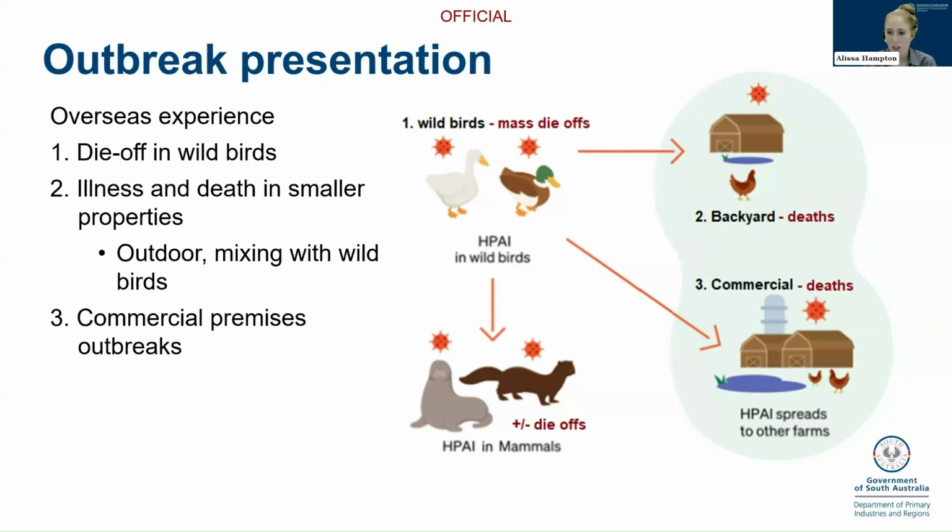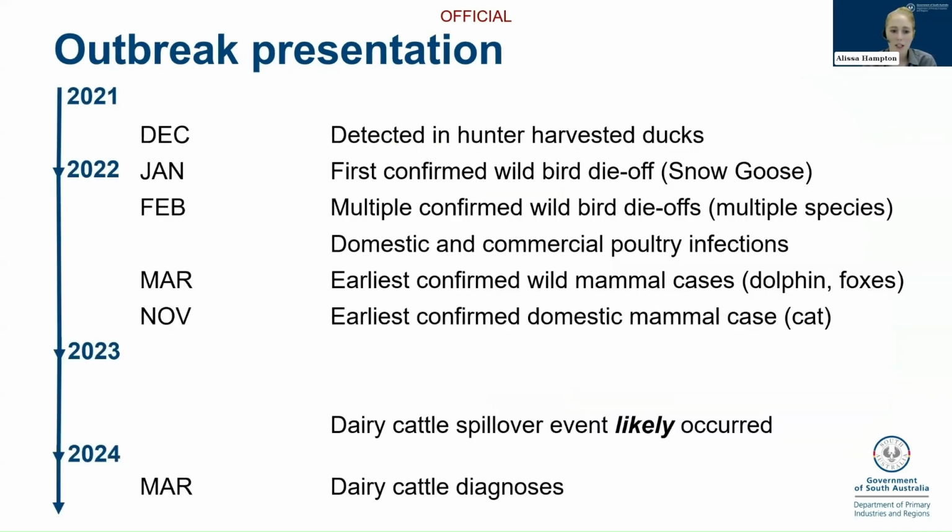So if we jump to the next slide, this should give you a bit of an idea of how things unfolded in the US. If we look back to December 21, HPAI was detected in hunter-harvest ducks, so asymptomatic, no signs. A month later, there was the first confirmed wild bird die-off from HPAI, this clade.